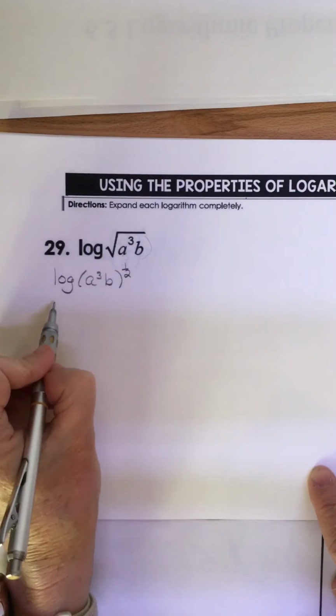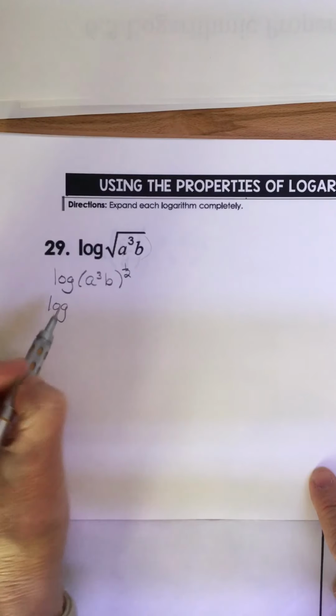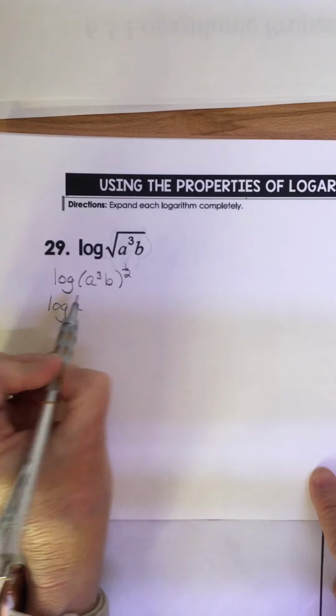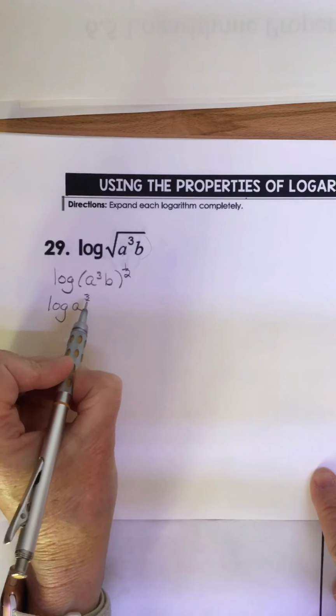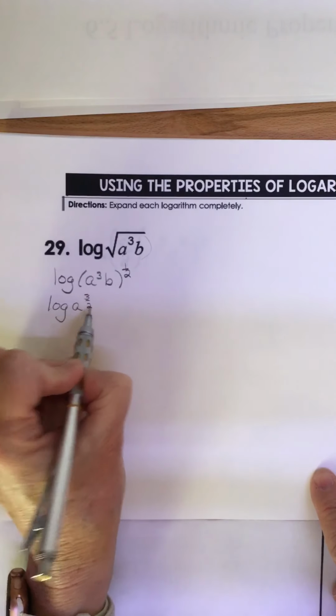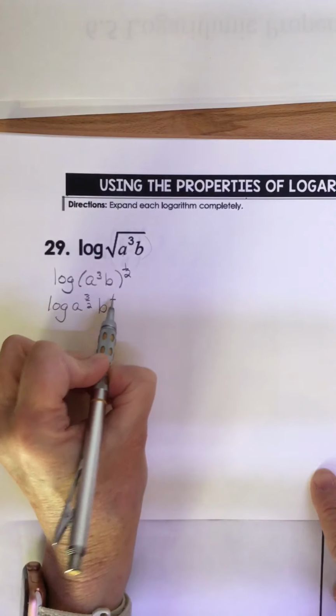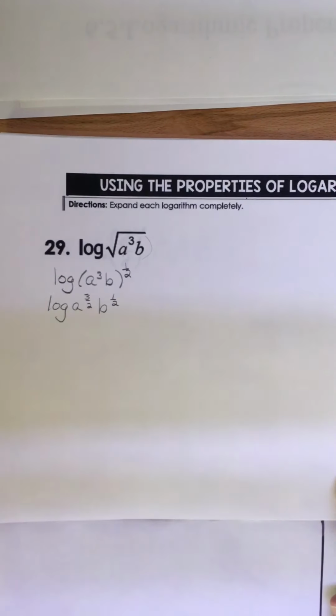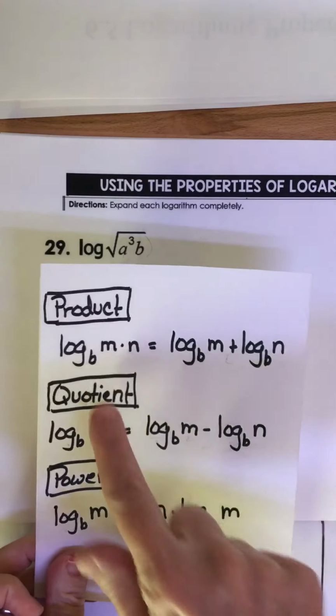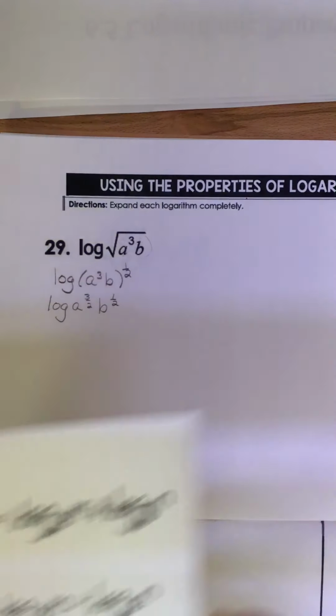And so the power rule of exponents says that this is a to the power of 3 over 2, because that's what 3 times 1/2 is. And then b to the 1/2. All right, I can see it a little bit better now. And so now I'm going to be using my product rule.